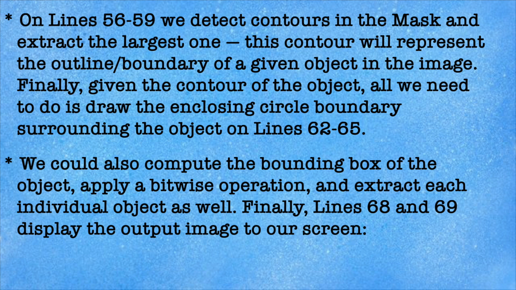We could also compute the bounding box of the object, apply a bitwise operation and extract each individual object as well. Finally, lines 68 and 69 display the output image to our screen.